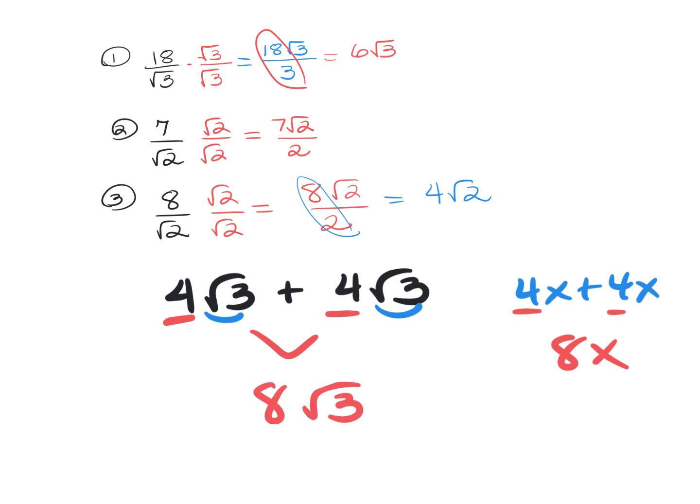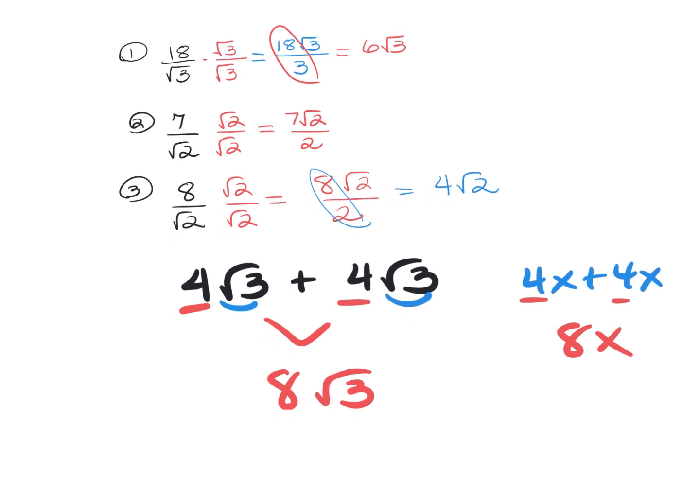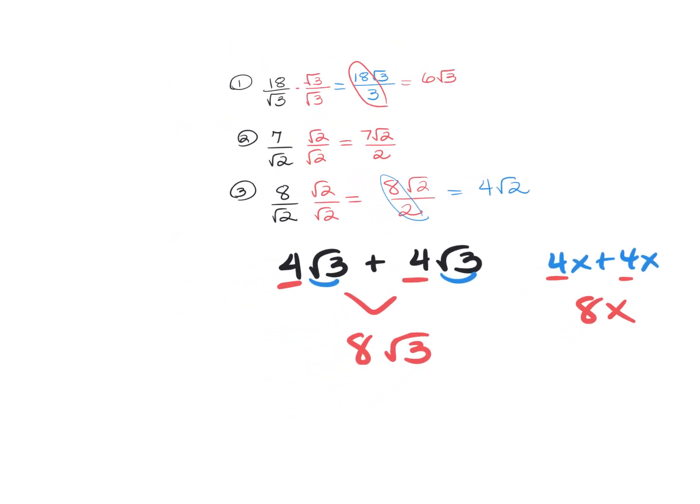So whenever you're adding radicals, they have to have the same number underneath. If this had, let's say, 2 square root 5 in front here, I can't add 5 plus 3. I would just leave them apart. So treat them like variables, as if it were an x and a y. So we're going to be adding some radicals when we're finding the perimeter.